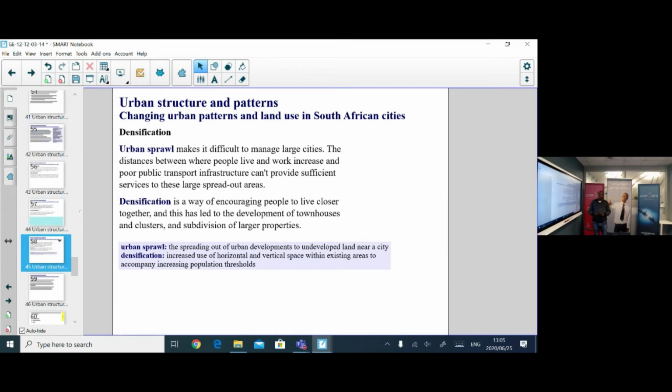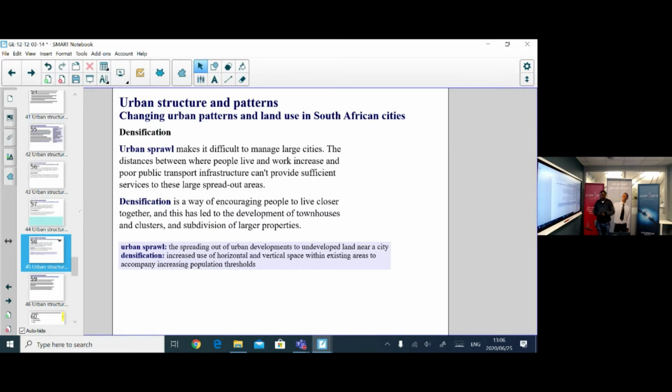Densification: we want to look at what we call urban sprawl, which makes it difficult to manage large cities. What do we mean by urban sprawl? It is the spreading out of urban developments to underdeveloped land near a city. You may be aware that there are many places being built where residential areas of cities are encroaching into the farming areas around large cities.